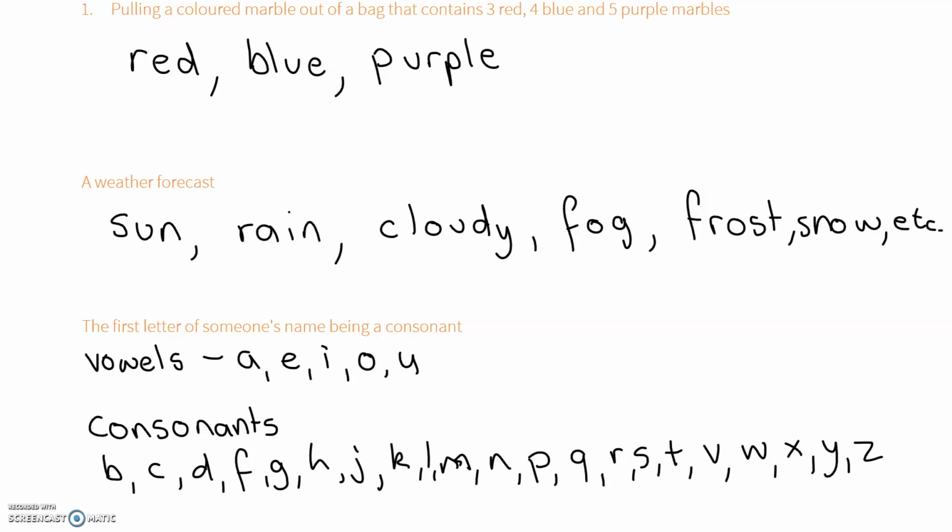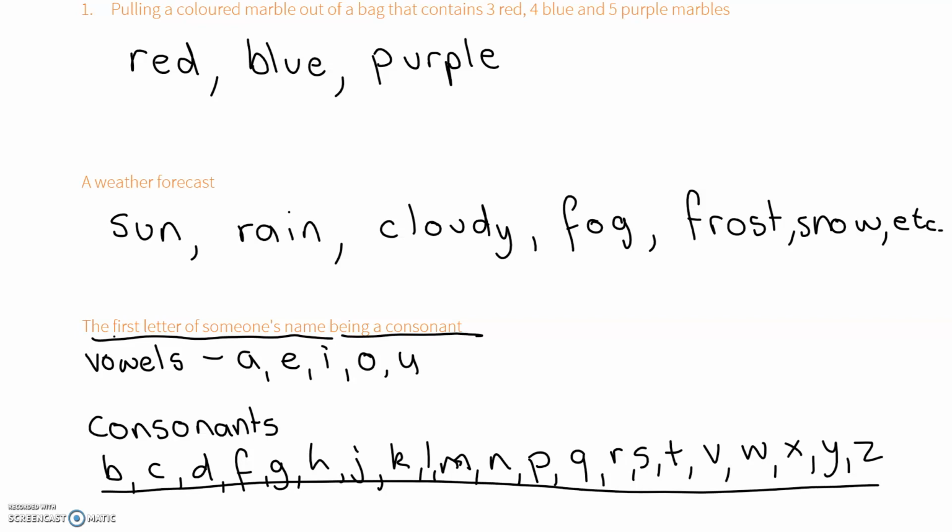So this is the possible outcomes of picking the first letter of somebody's name and it's a consonant. These are all the letters that somebody's name could start with.